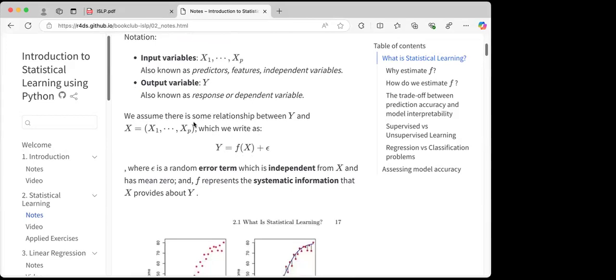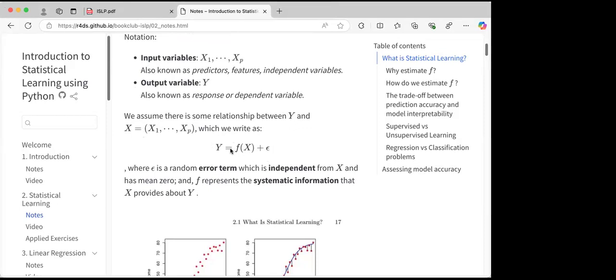So we assume a relationship between y and x. x is like a vector of variables, they could take anywhere from 1 to p, they could be any variable that we're interested in. So we could model y as this: y is equal to f of x plus epsilon.